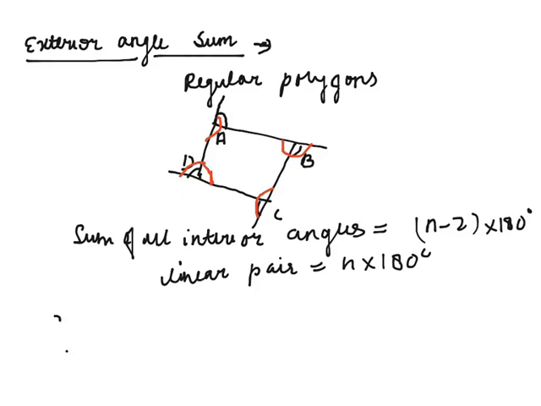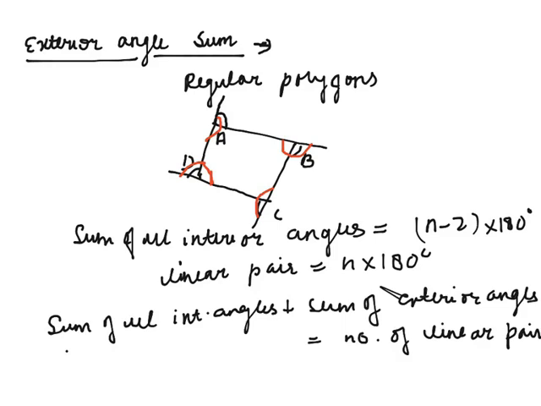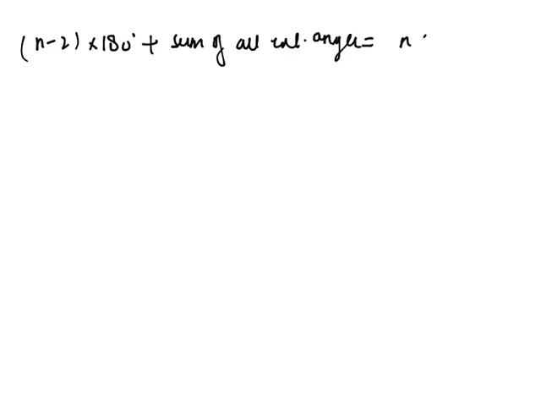Now we can say the sum of all interior angles plus the sum of all exterior angles will be equal to the number of linear pairs in the figure. So now we can put the values. As we know, the sum of all the interior angles will be (n minus 2) into 180 degrees, and we have to find the sum of all exterior angles, which will be equal to n into 180 degrees. So now we can transpose.